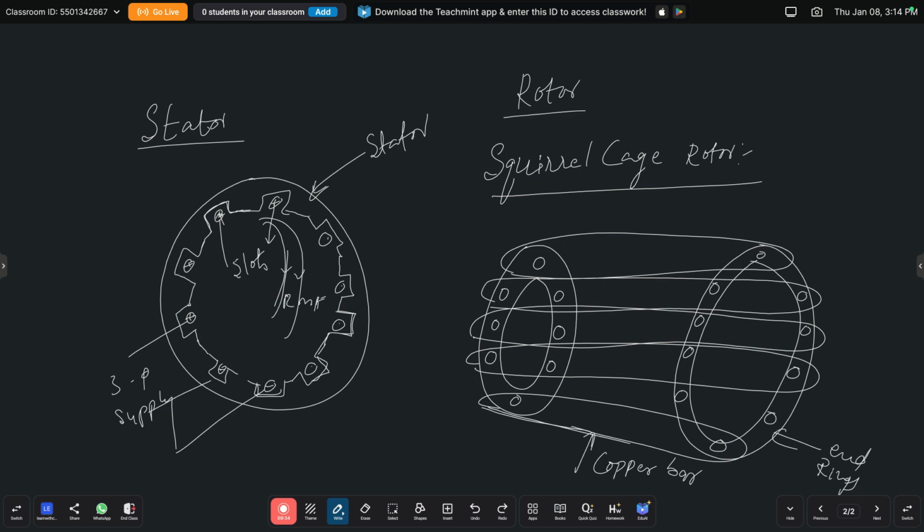This winding is the copper bar. These circles are the end rings.